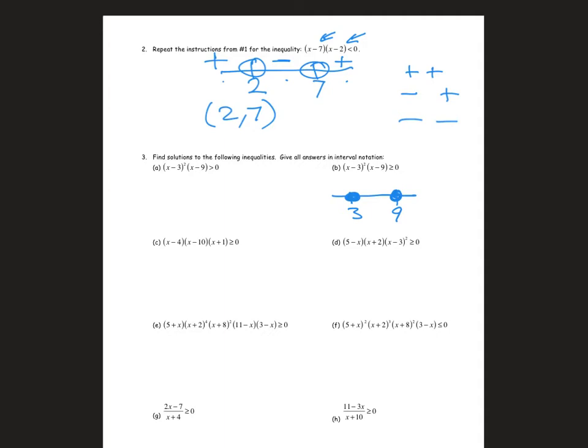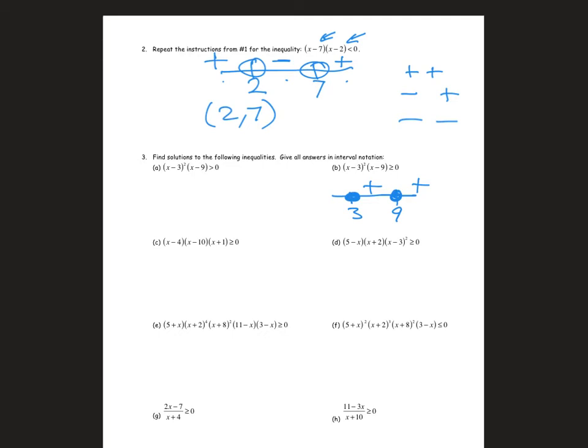If I put in a value bigger than 9, I get positive and then positive. So I'm going to be positive. If I put in a value between 3 and 9, I'm also getting positive. But notice, actually, I messed that up there.